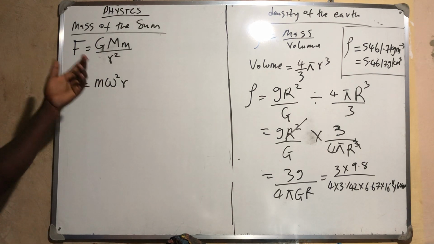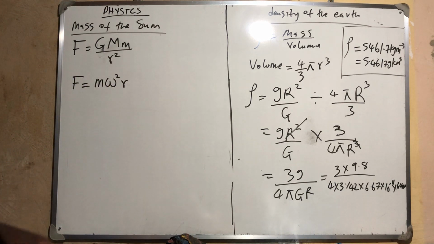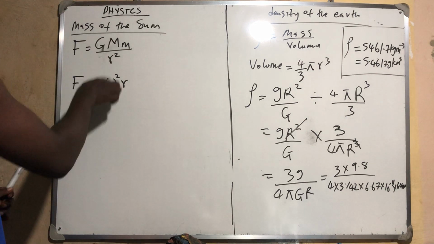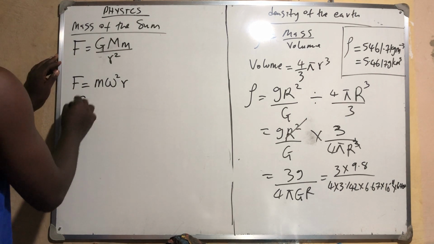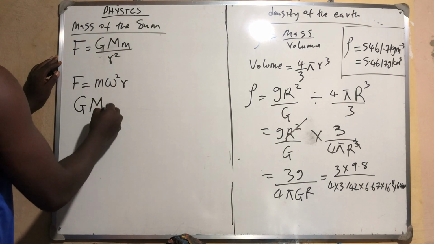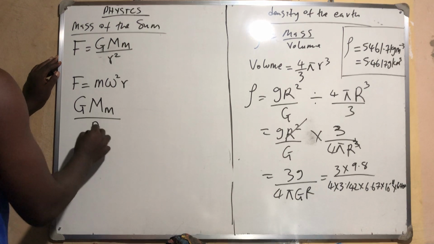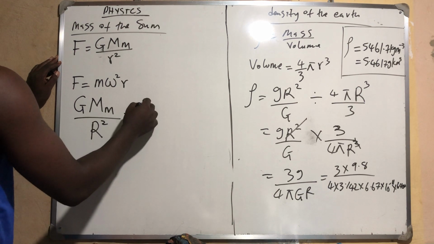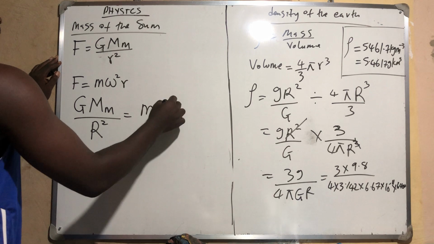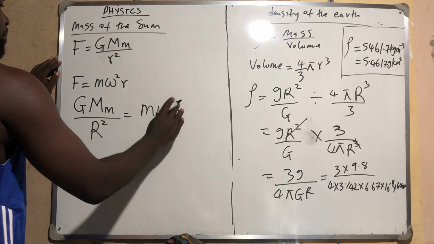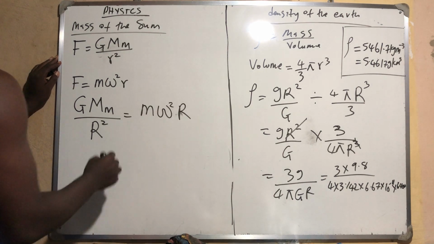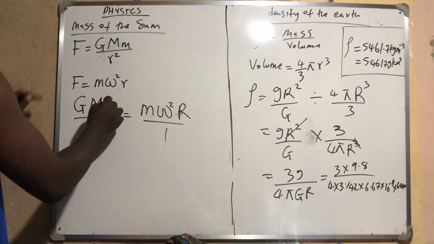So if we equate this F to F, we have that G M m all over R squared is equal to m omega squared r.